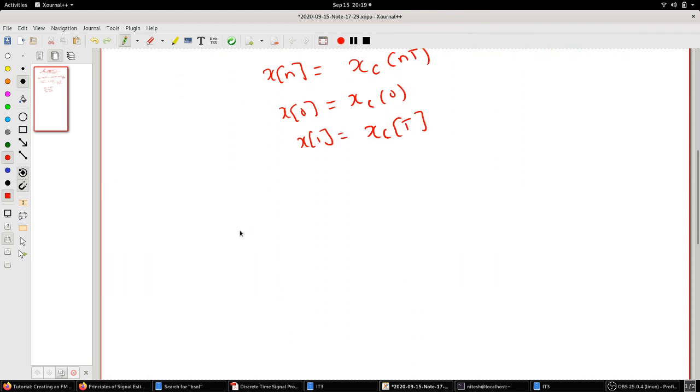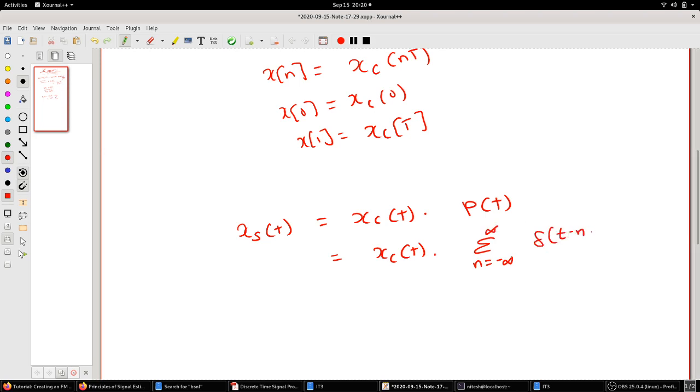We know that xs of t is equal to xc of t into p of t. What is p of t? P of t is an impulse train, which is summation n equal to minus infinity to infinity delta of t minus nT.